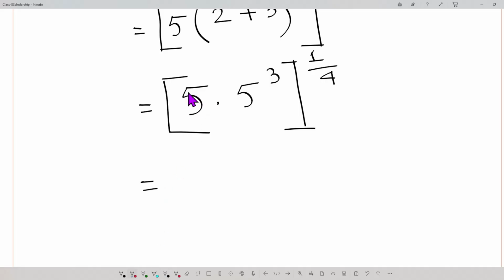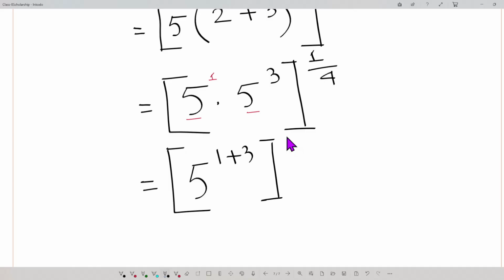Okay, then this is 5 and the power is 1. We know once bases are the same, in a product the powers will be added. It means 5 to the power 1 plus 3, and here is, or we can use the third bracket, 1 by 4.